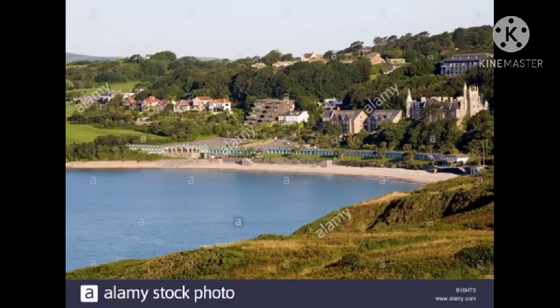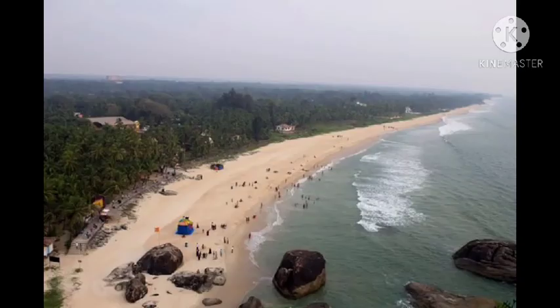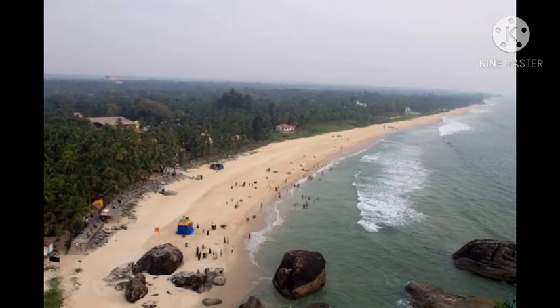You can see the pictures here, children. I think you should have understood what a beach is. The striking sea waves bring great delight and happiness to our mind and eyes. We feel so happy to see these sea waves, isn't it, children?